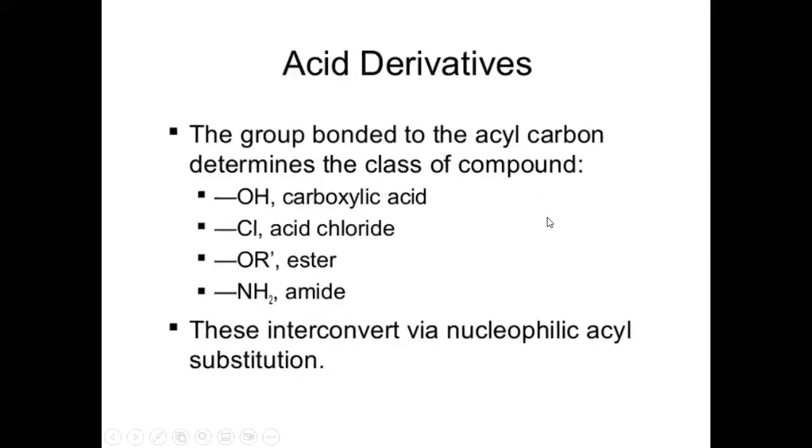So acid derivatives: the group bonded to the acyl group determines the class of compounds. OH is a carboxylic acid, Cl is acid chloride. If there is an oxygen and any hydrocarbon group, we call it ester, and NH2 is amide. These interconvert via nucleophilic acyl substitution, right?